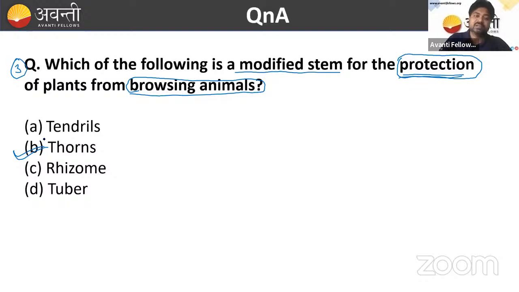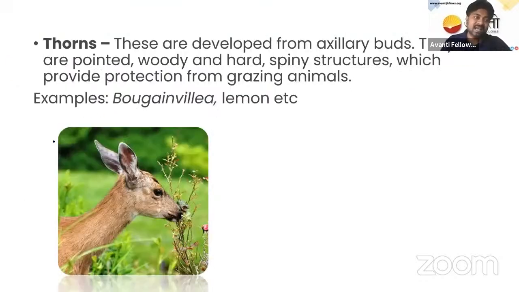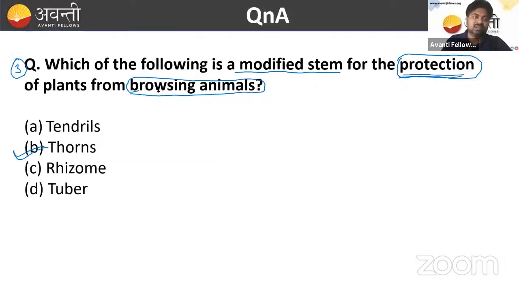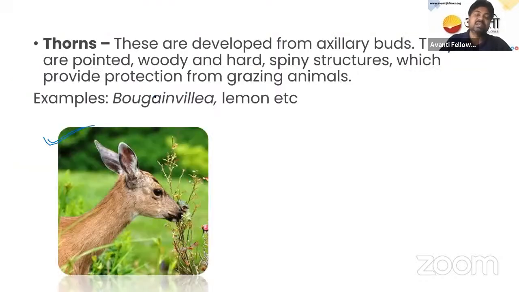Then you can see these herbivorous animals are known as browsing animals. Browsing animals means herbivorous animals which depend on grass, leaves, shoots, like that.